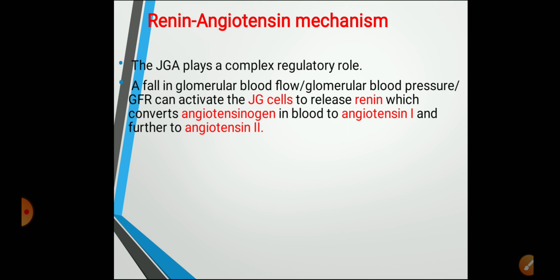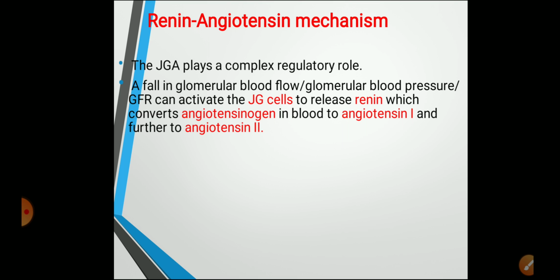Renin converts a protein, angiotensinogen, which is found in the blood. So whenever there is a fall in GFR, the JG cells secrete renin, and this renin converts angiotensinogen into angiotensin 1 first and then into angiotensin 2.